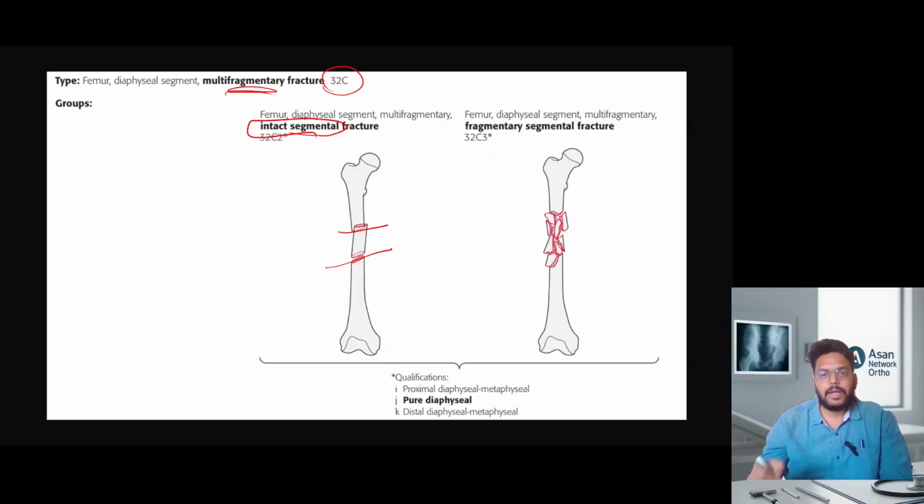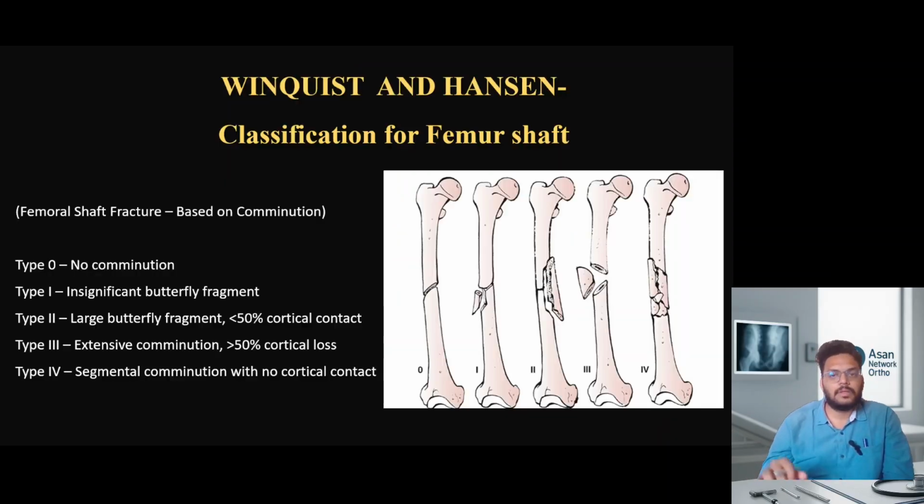It's an intact segmental fracture. It is C2. So whenever you see a segmental fracture of femur shaft in your day-to-day clinics, you have to number it as 3-C2 according to AO classification. Then if it's a multifragmentary segmental, it is 3-C3 type of fracture according to AO.